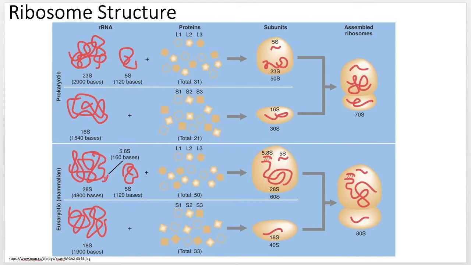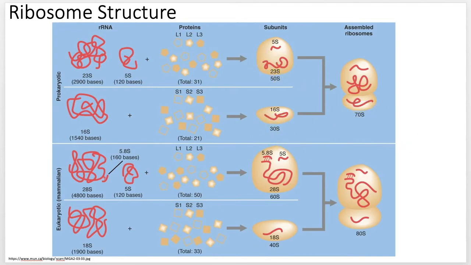Now, the S stands for sedimentation, which is a substitute for mass. When you are looking at proteins, basically you see how they form sedimentary layers when you put them in different density gradients. And so in general, the bigger it is, the larger the S is. So 70S would be bigger than 30S, of course. But you'll notice 50 plus 30 is not 70, right? 5, 6, 7, so that's 80.